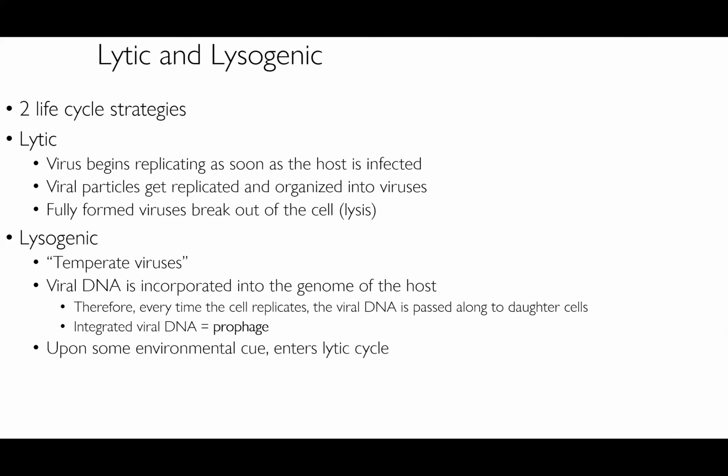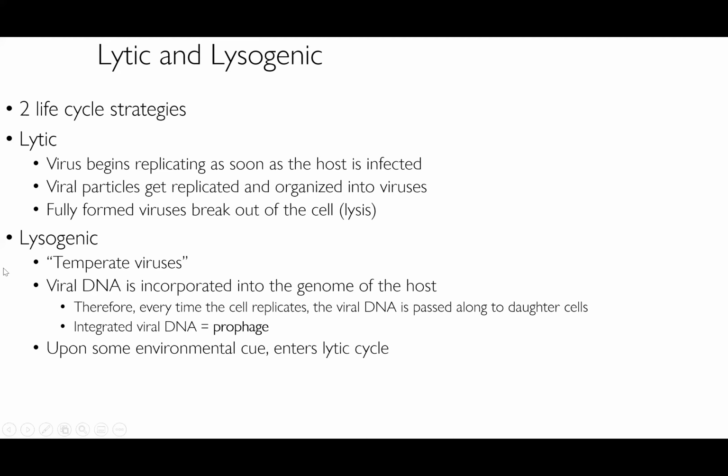The lysogenic cycle is what we also call temperate viruses, the idea being the viral DNA is incorporated into the host genome, and therefore every time the cell replicates, the viral DNA is then passed along to the host cell. And it's actually kind of interesting. This is a pretty common thing that viruses do. By incorporating their genome into the host, the viruses can be passed down for generations and generations.